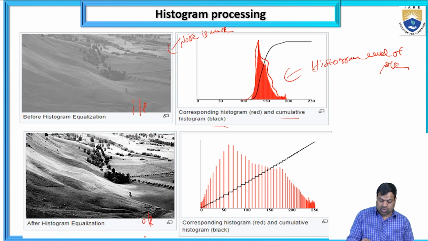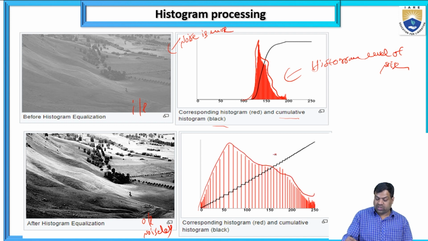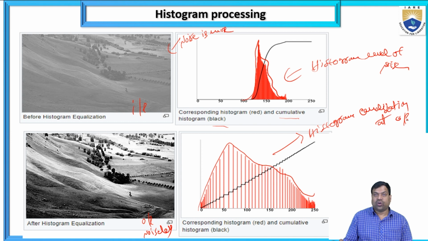Okay, it is the output, that is noiseless. So it is in some systematic order. So it is a histogram equalization at output.